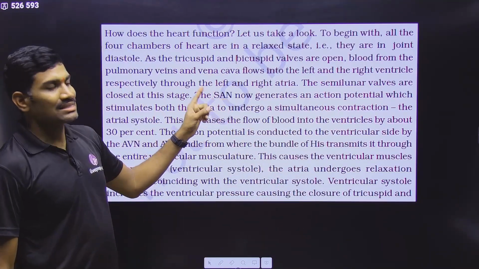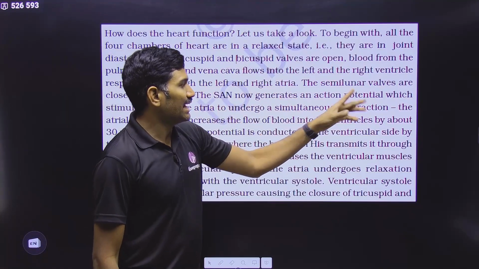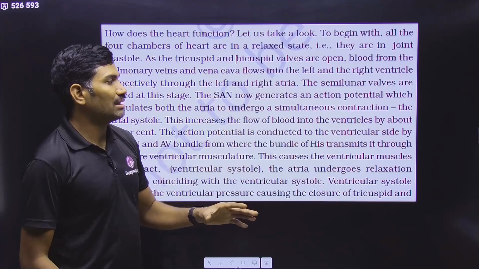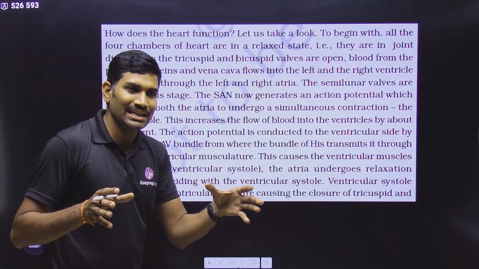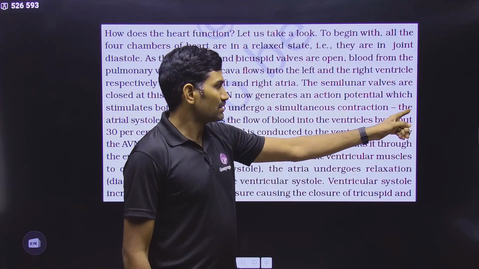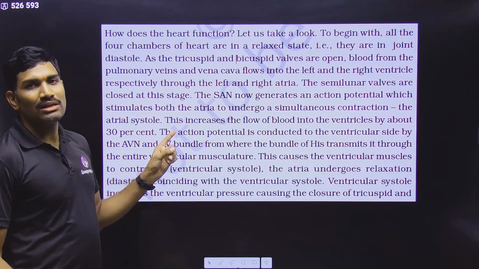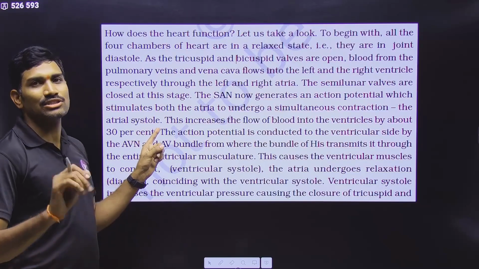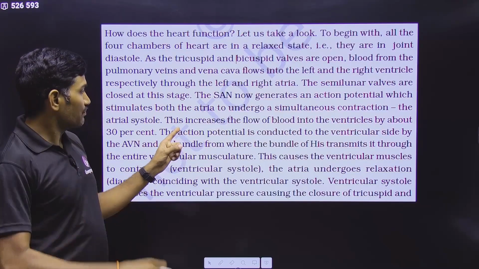Next, the sinoatrial node now generates an action potential which stimulates both atria to undergo simultaneous contraction. Both atria at a time undergo contraction. In this way, the SA node generates the impulse, and that is called atrial systole. What happens because of this?